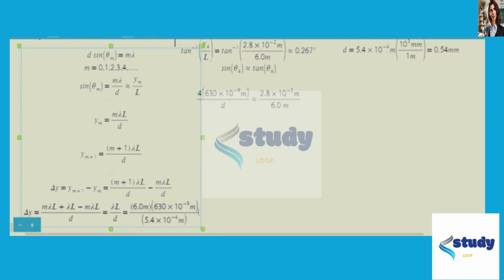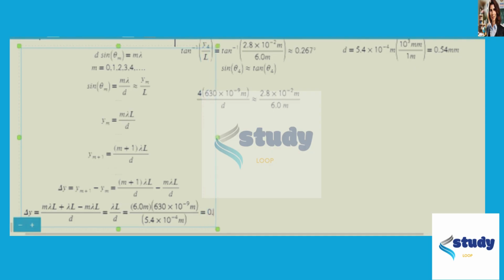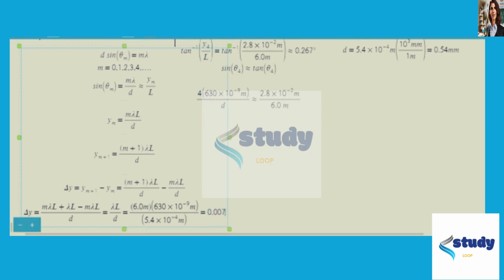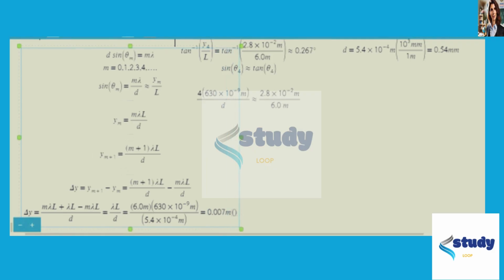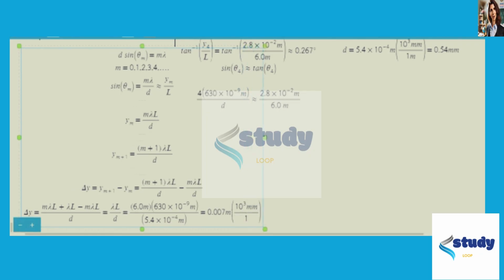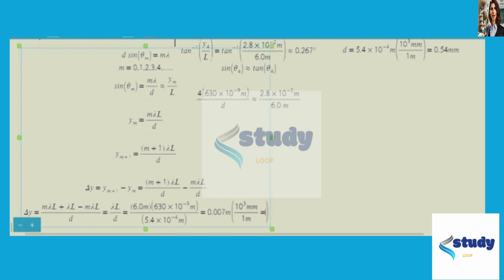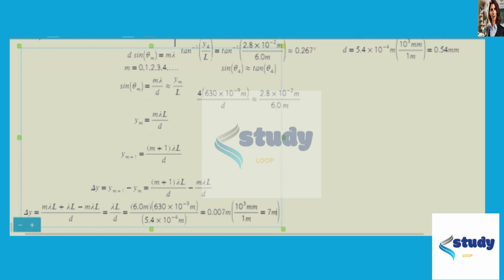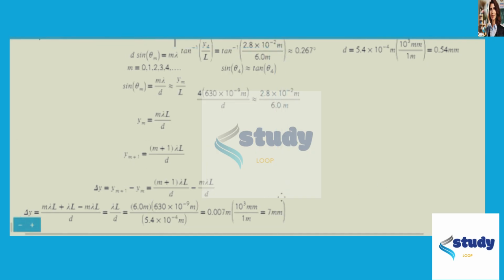And this comes out to be 0.007 meters. So we're going to multiply this by 10 to the third millimeters for every 1 meter. So meters cancels out with meters, and we're left with 7 millimeters. So that's going to be the separation between each successive bright fringe.